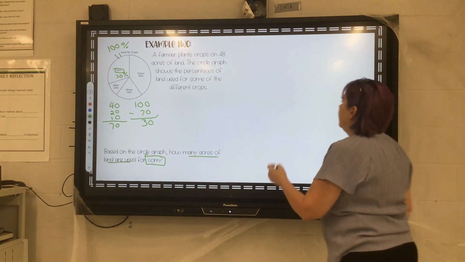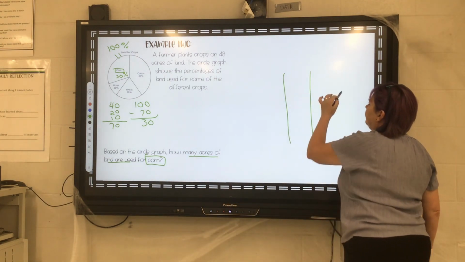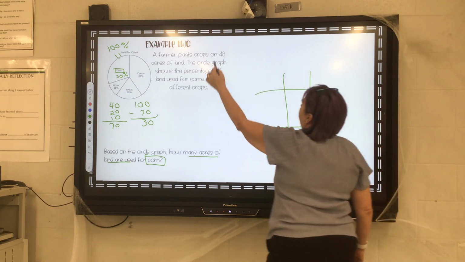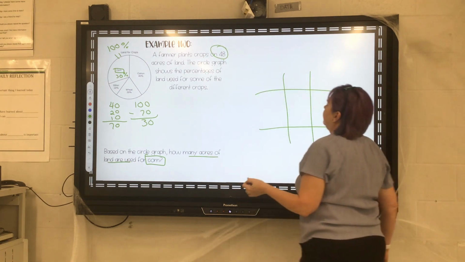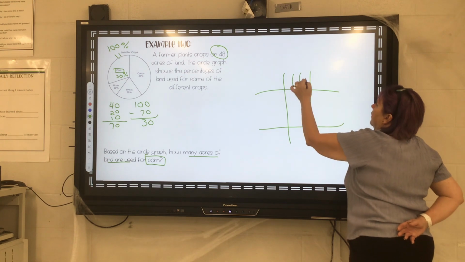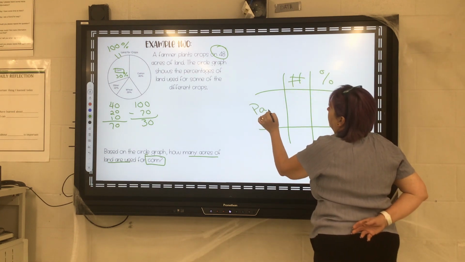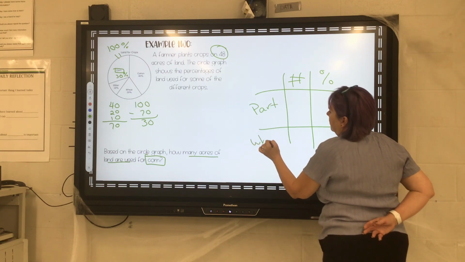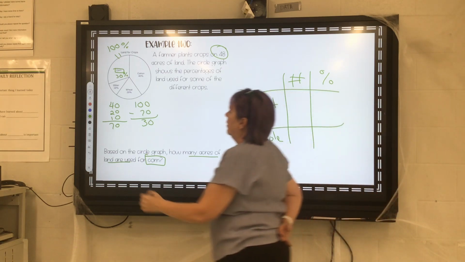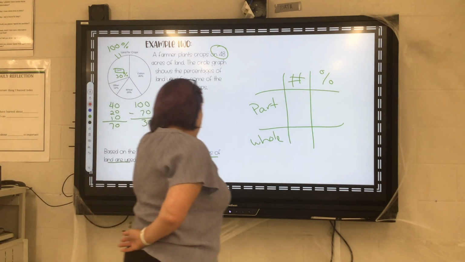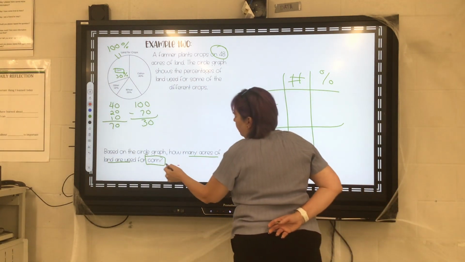Okay, so once again, we're setting it up. We have our 48 here. Number, percent, part, and whole. Our part, what are we looking for? We're looking for corn.